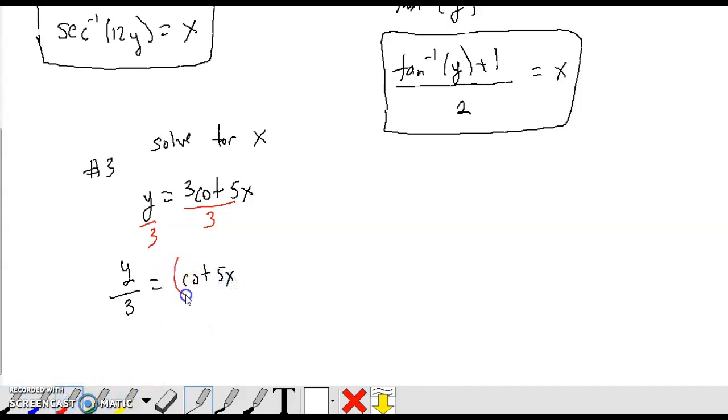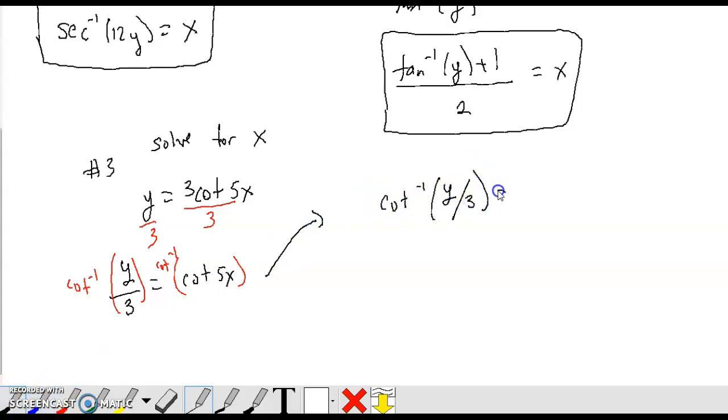And then we're going to apply the inverse. So inverse cotangent to both sides. So the inverse cotangent of y divided by 3 is equal to 5x. Divide by 5. And we have this answer as our x.